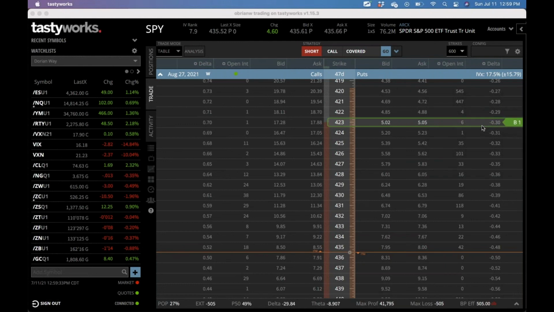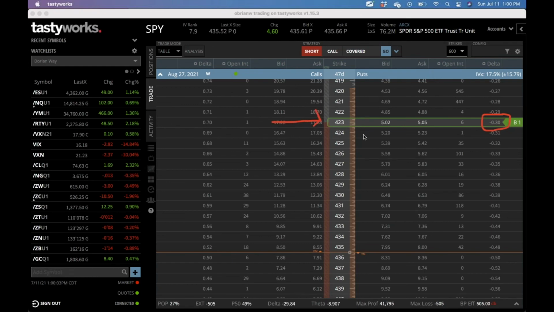If you're talking about before expiration, then delta talks not only about the probability of success, but also the probability of touch. So this is a 30 delta. If you're talking about before expiration, then it's a 60% chance of probability of touch, because probability of touch is 2 times delta. So within this time frame, it's a 60% chance it's going to touch this 423 strike.